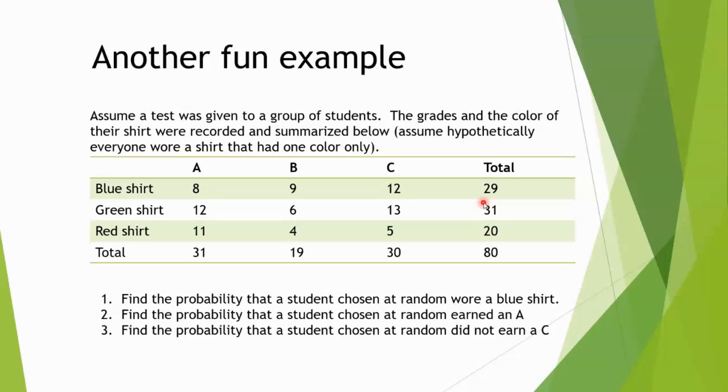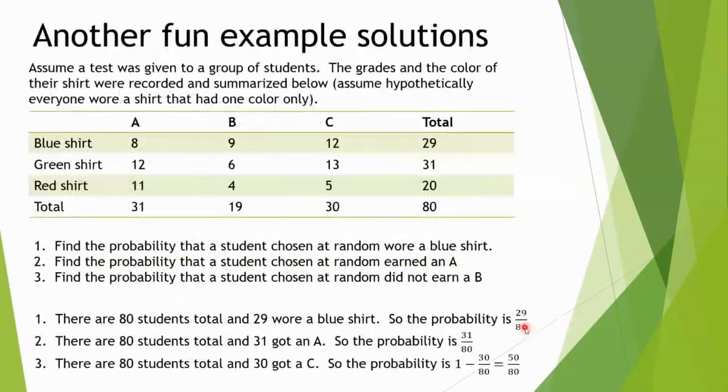So there's 29 ways this event of choosing a student with a blue shirt can occur. And in total, there are 80 students, 80 possible outcomes altogether. So the probability would be 29 out of 80.